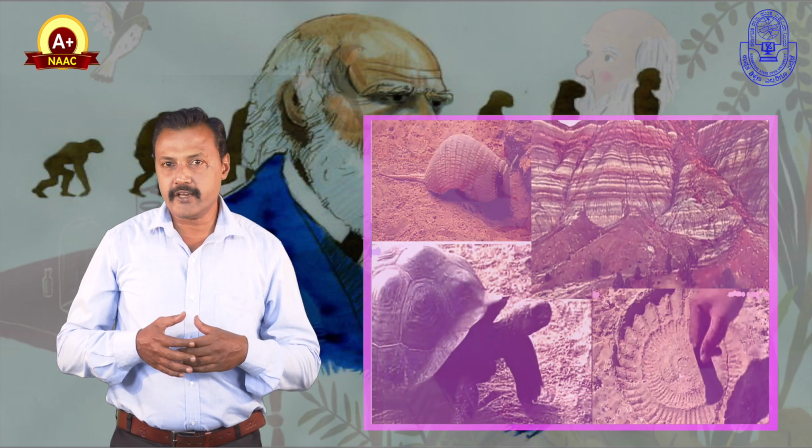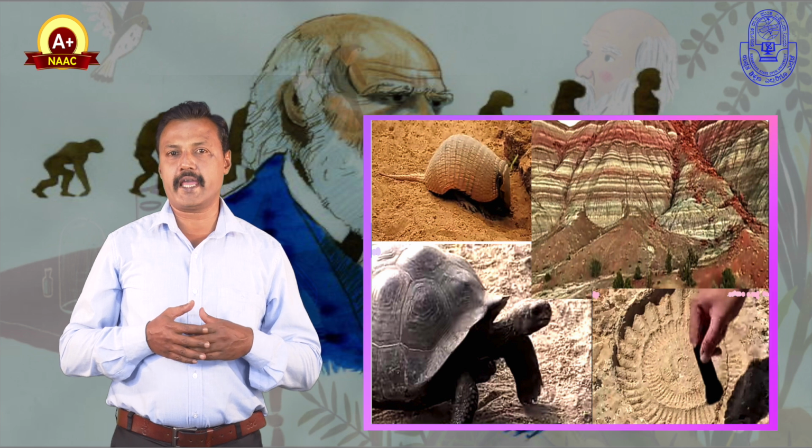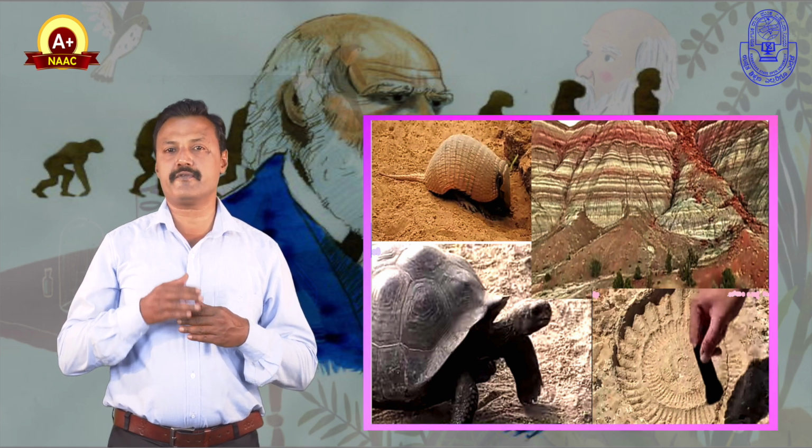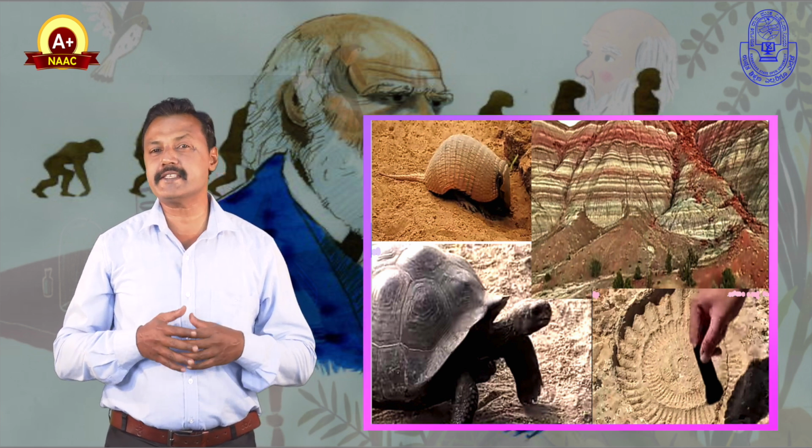Darwin collected various specimens during his voyage and recorded everything in his diary. Darwin was surprised to see the stratifications of the volcanic rocks, placed one after another, just like what he had read.